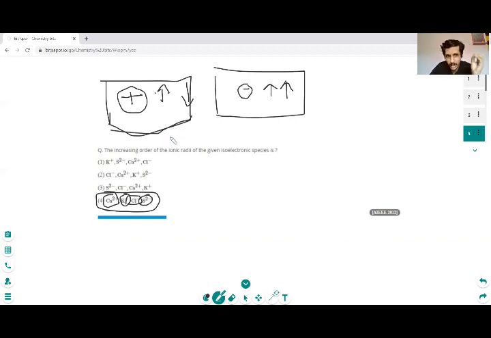For example, in the case of ionic radius, I'm repeating it again and again because these concepts can fetch you marks very easily, as there is nothing much difficult in this particular question. As the positive charge increases, the size decreases for a cation. For an anion, as the negative charge increases, the size increases. That one we have seen here. Let's move to the next question.